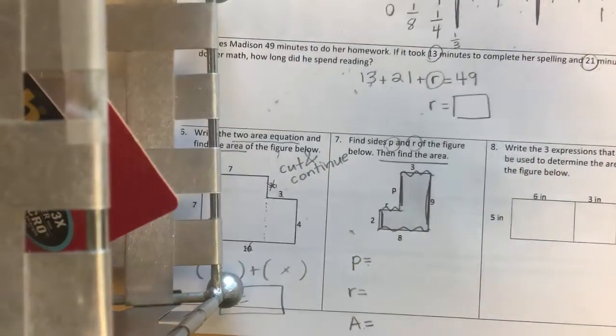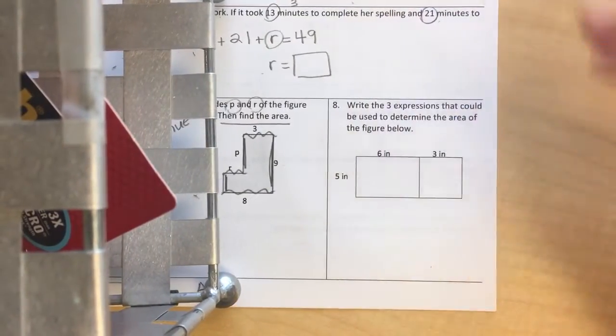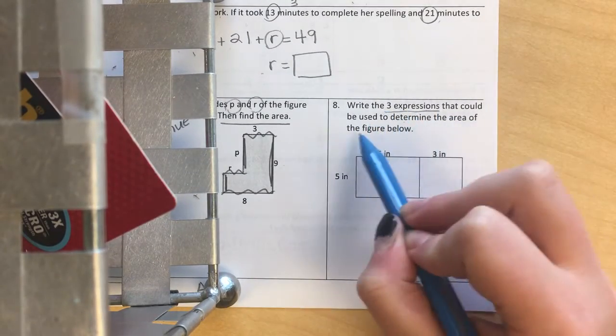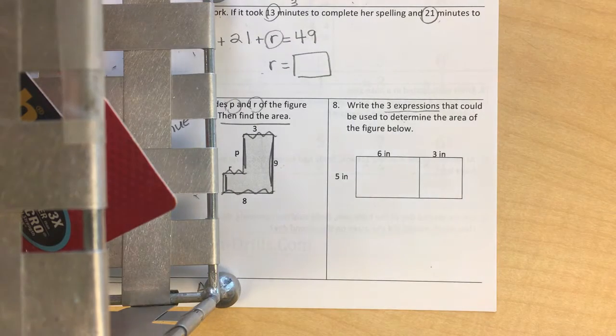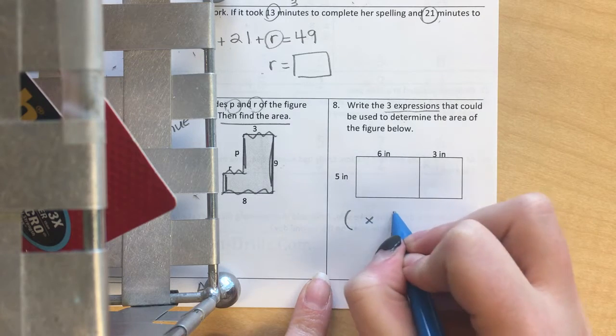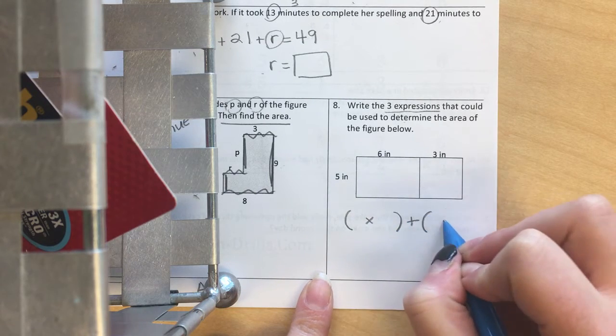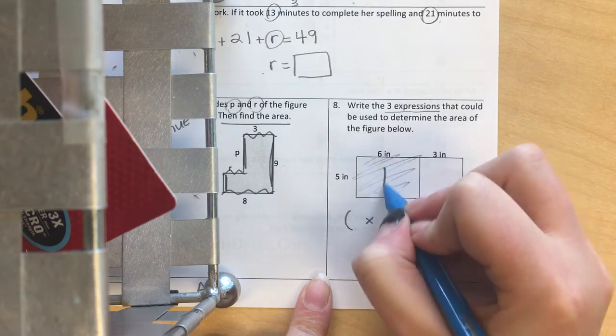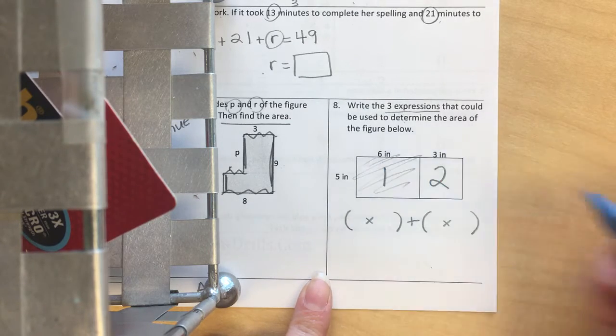For number 8, it says to write 3 expressions that could be used to determine the area of the figure below. Again, I'm not going to give you all of the answers for this one, but I will set you up with what they should look like. Your first expression is going to be a 2-area equation. What's the area of this rectangle, your first one? What's the area of your second rectangle?